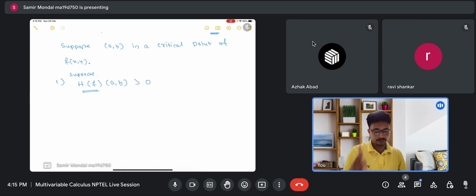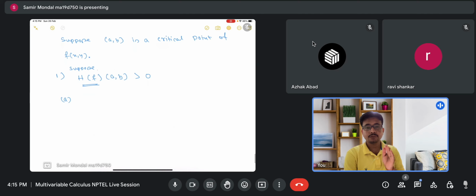First condition, suppose your Hessian at the point AB is greater than 0. Then we look for the second order partial derivative. At first we look at the Hessian at the point AB. If it's positive, then we look for another two conditions.